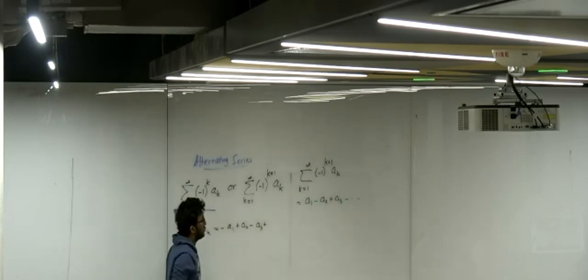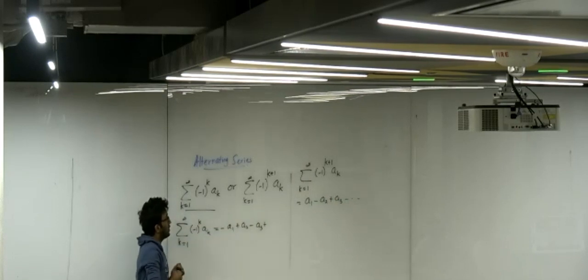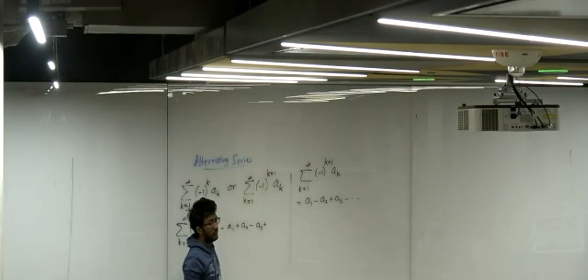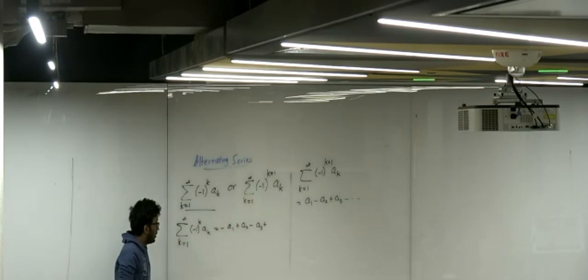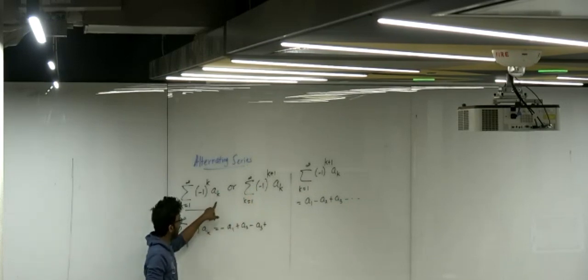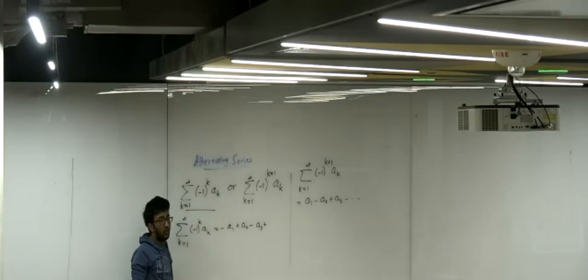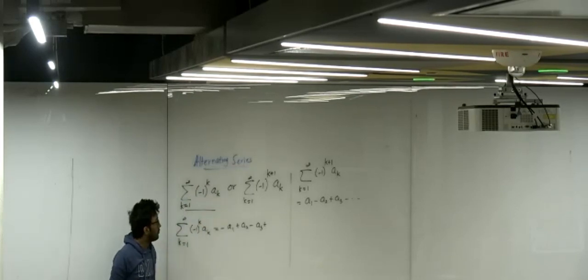So based on the power, that would determine whether you start from a negative term or a positive term, right? In this case, a_k is positive, and if you multiply that by negative 1 to the power k, according to the power, you would get a negative term or a positive term, okay?